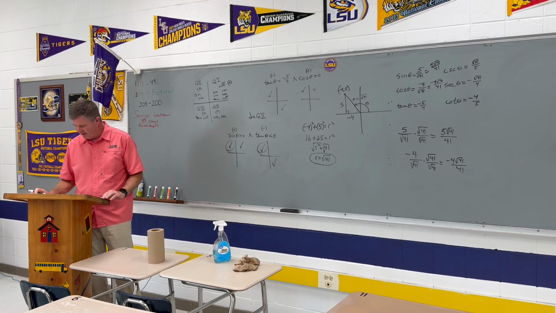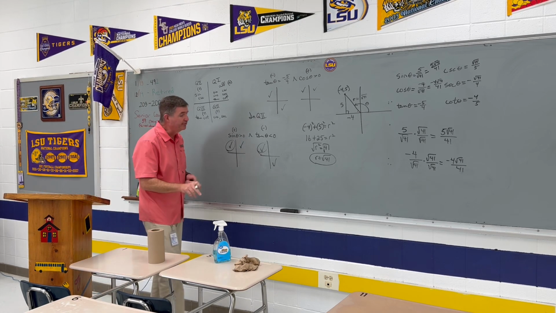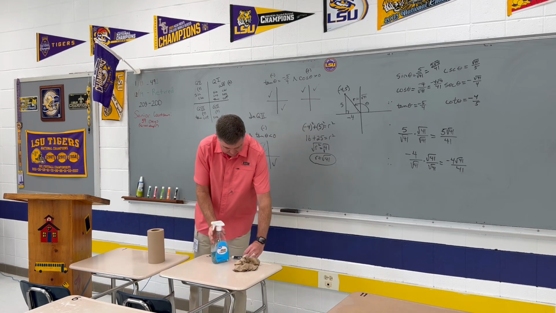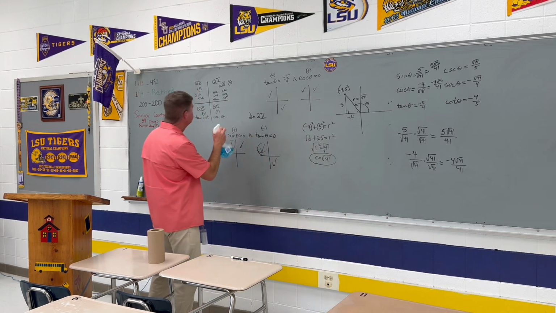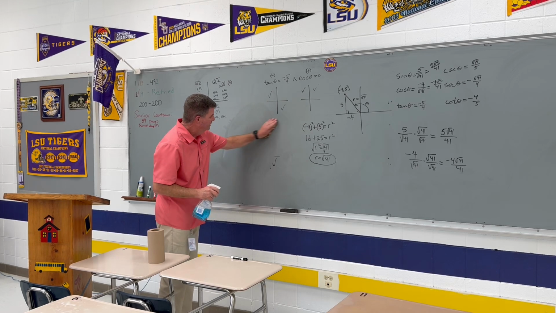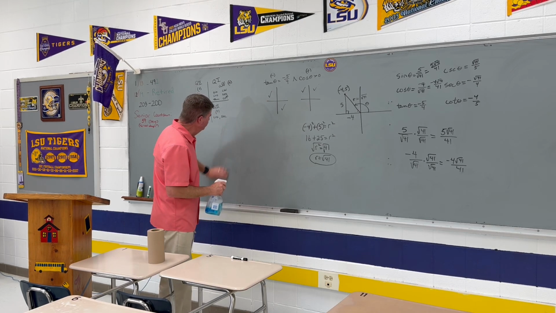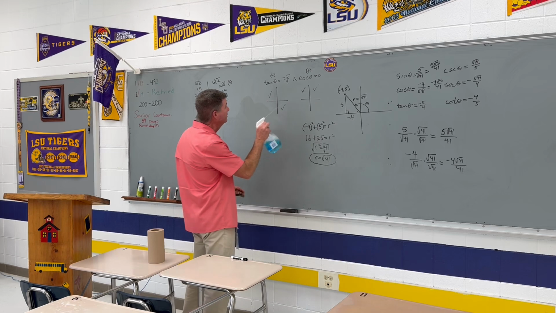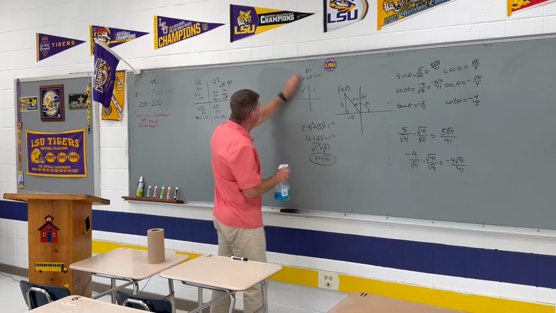The next thing we're going to look at is something called reference angles. Reference angles are angles that we refer to in the first quadrant. Because if we remember that big unit circle, there were a lot of angles that we dealt with.